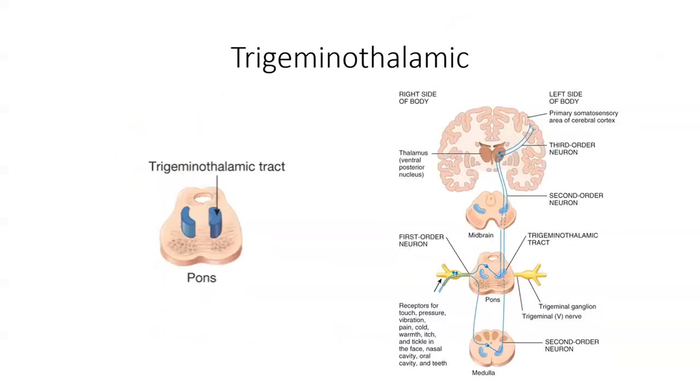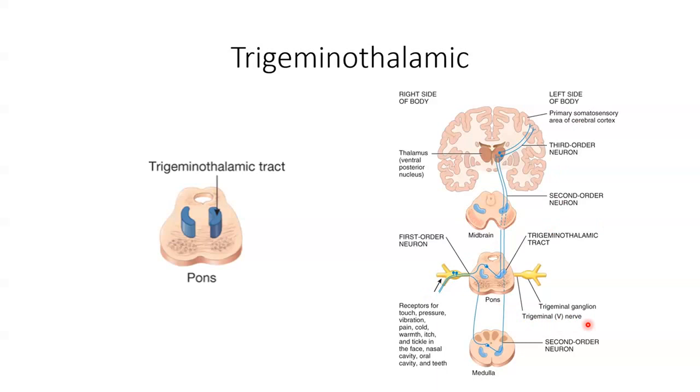The third path that our somatic sensory nerve impulses take to the primary somatosensory cortex is the trigeminothalamic pathway. This pathway is named because the first order neurons that extend from the receptors into the brainstem enter the brainstem via our trigeminal nerve, which is also our cranial nerve 5.